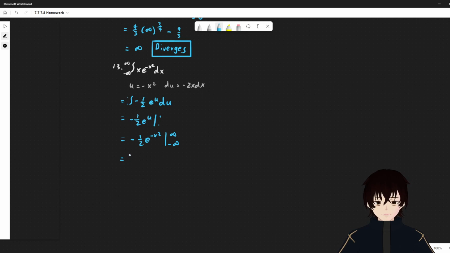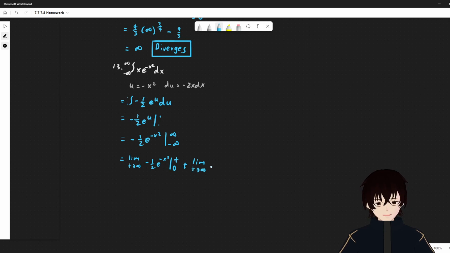So limit as t approaches infinity of -1/2 e to the power of -x squared from 0 to t, plus, let's call it t again.